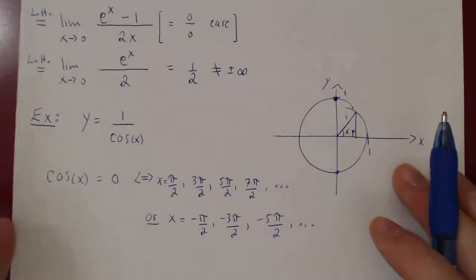Let's consider now the second type of asymptotes, and those are horizontal asymptotes. And vertical asymptotes were values of x. Horizontal asymptotes are values of y. So again, we have the function y equals f of x.